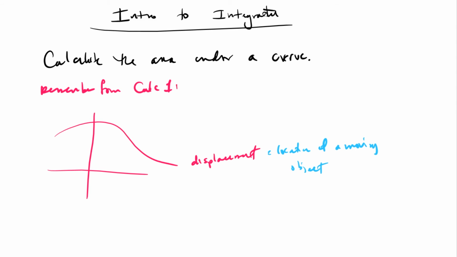So the whole point of differentiation is that if you tell me where an object is at a particular time, and you look at the slope of the tangent line at the displacement curve there, the slope of the tangent line is equal to the instantaneous speed.